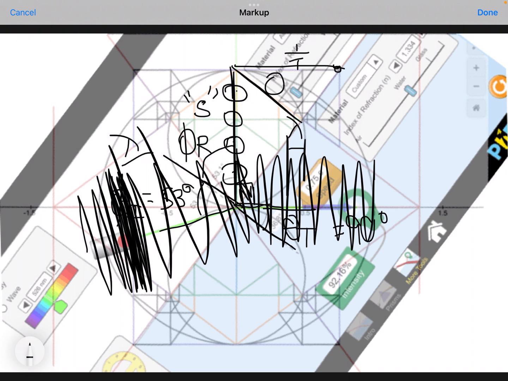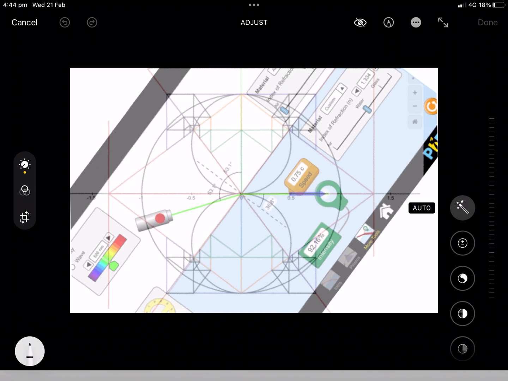So as I was saying, this is the angle of transmission, this is the angle of incidence and reflection. Add them together, you get 90 degrees. So I just want to point all that out. Okay, let's go back to the slide rule.